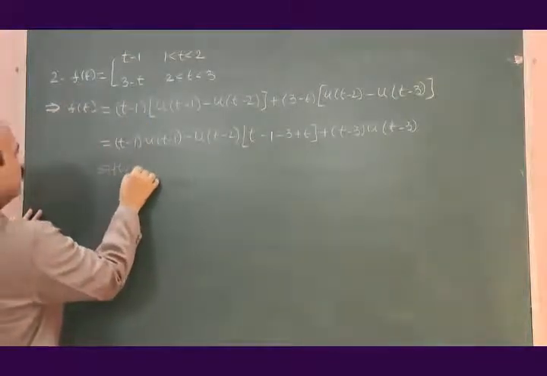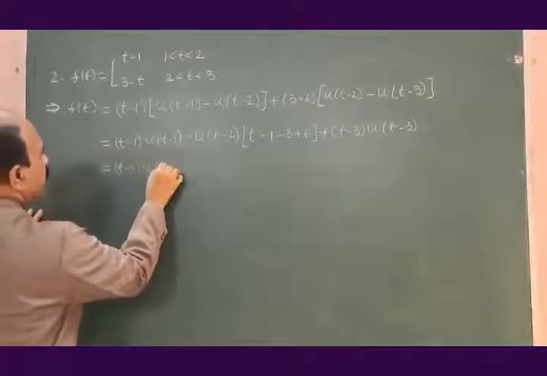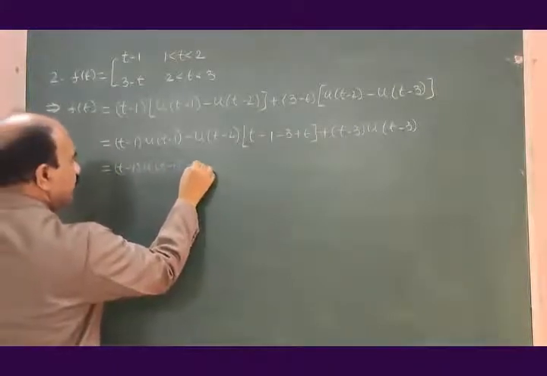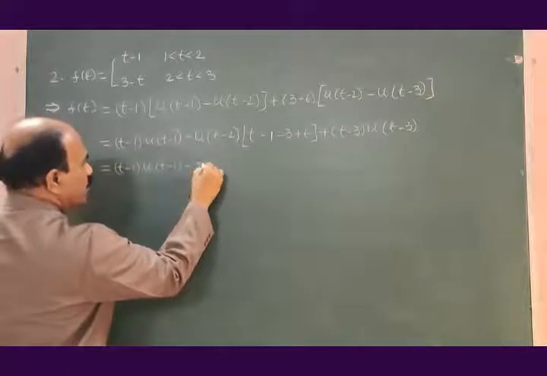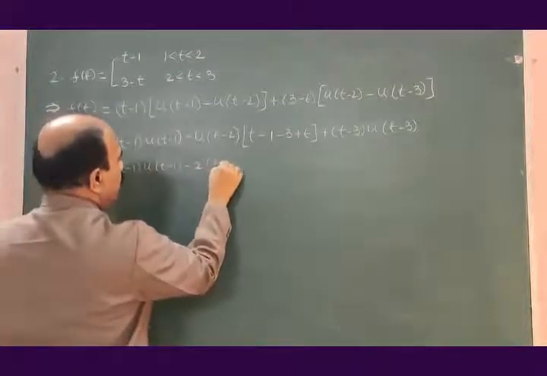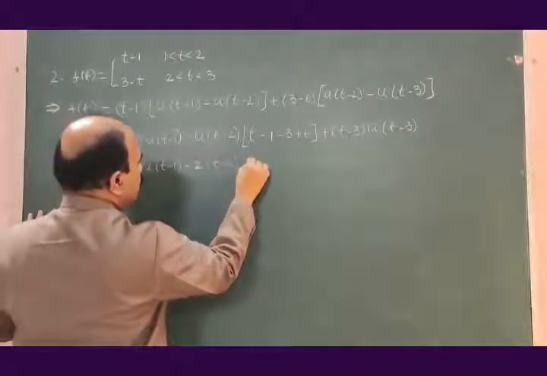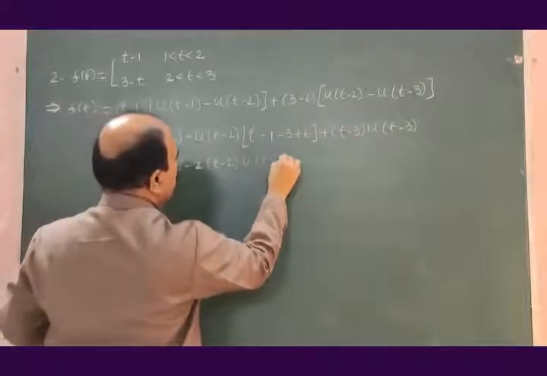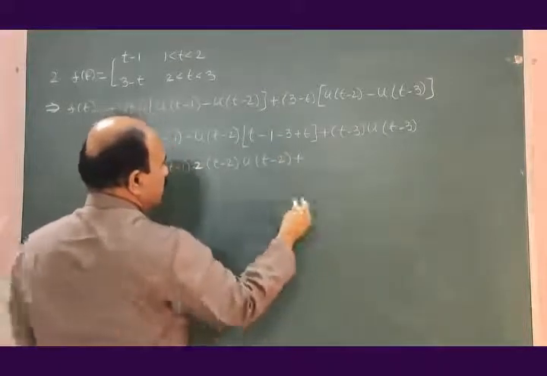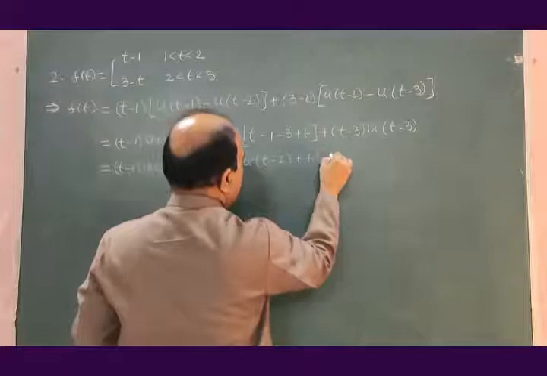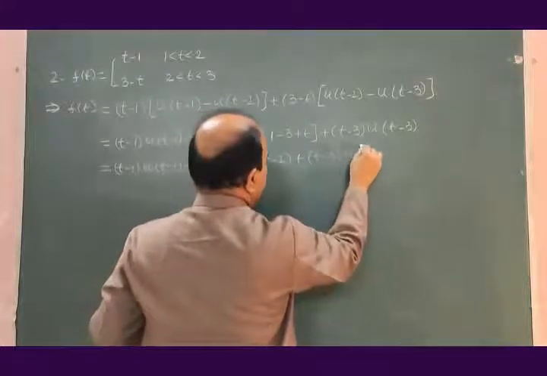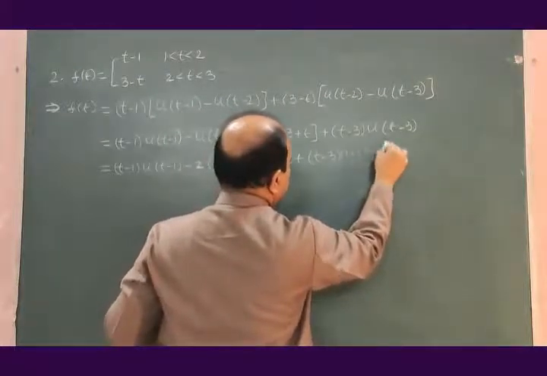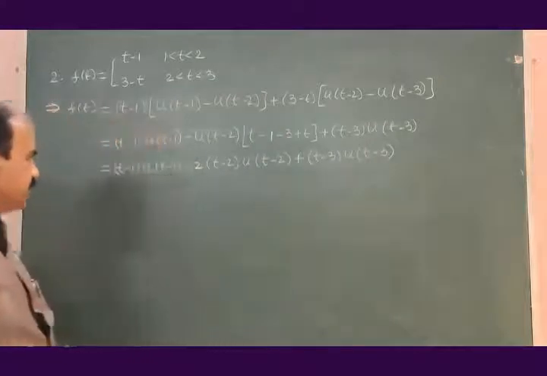So this will be t minus 1 u of t minus 1, minus 2 into t minus 2 into u of t minus 2, plus t minus 3 u of t minus 3.